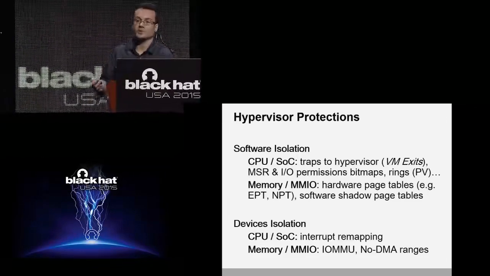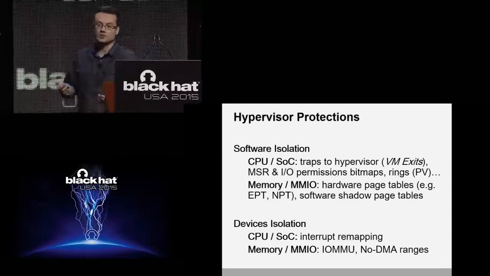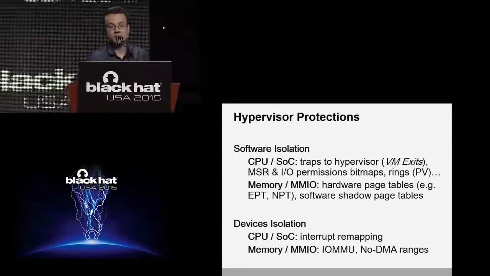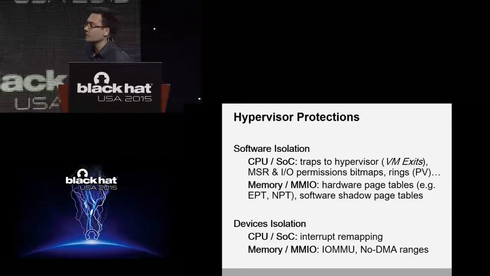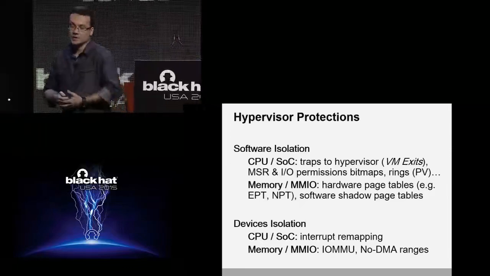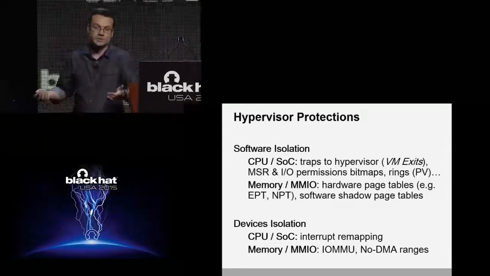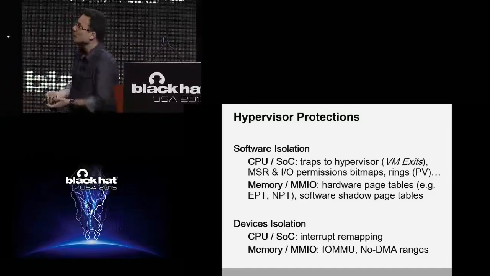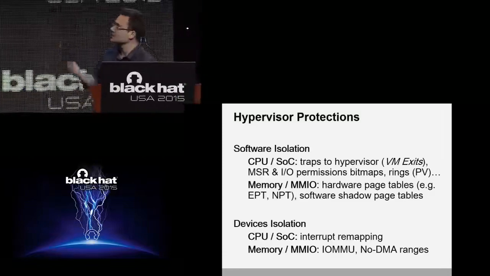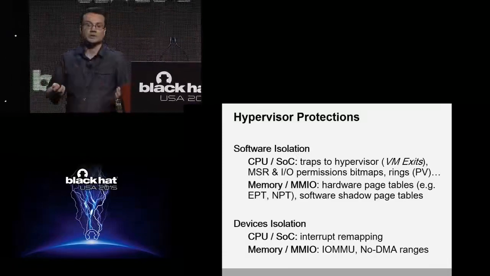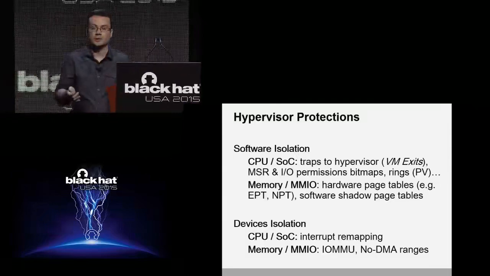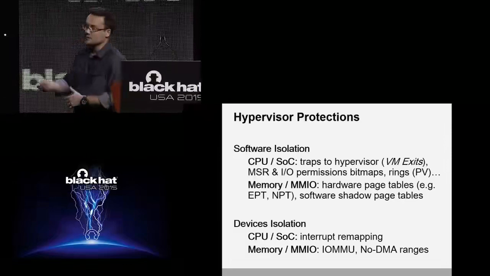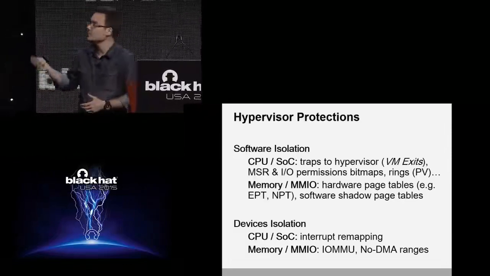If it's a paravirtualized guest, then the traditional ring protections are used by the hypervisors to isolate different layers. Memory protection is guaranteed by either software-based page tables, which typically works if the underlying hardware doesn't support hardware-assisted paging, or, if it does support hardware-assisted paging, then this mechanism is used to isolate the memory of each guest from malicious software. These could be extended page tables on Intel platforms or nested page tables.